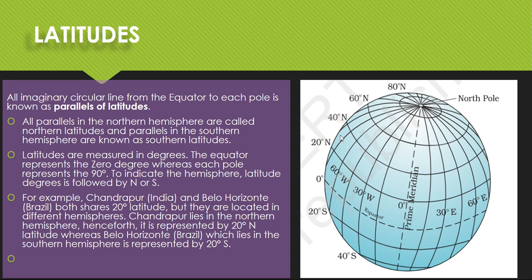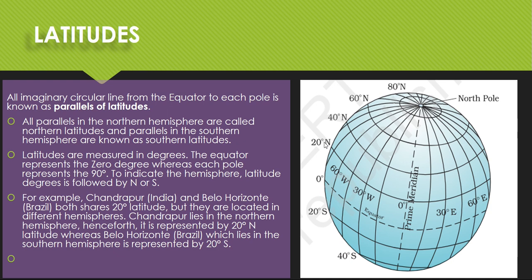I repeat again, all imaginary circular lines from the equator to each pole. You can see here, this is the equator. These lines, 20° north, 40° north, 60° north, leading up to each pole are called parallels of latitudes. All parallels in the northern hemisphere are called northern latitudes, and parallels in the southern hemisphere are known as southern latitudes. Now latitudes are measured in degrees.